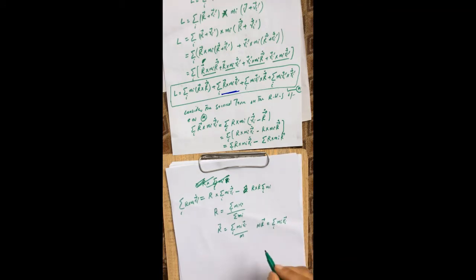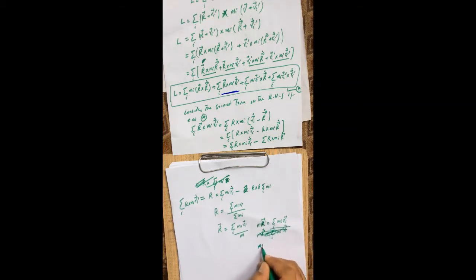If I take the time derivative, then the only variable quantity is this r here, and the only variable quantity is this ri here. So if I take the time derivative, then this M r dot, time derivative of dr over dt, which is equal to r dot, will be equal to sum over I mi ri dot, dri over dt, which is equal to ri dot.